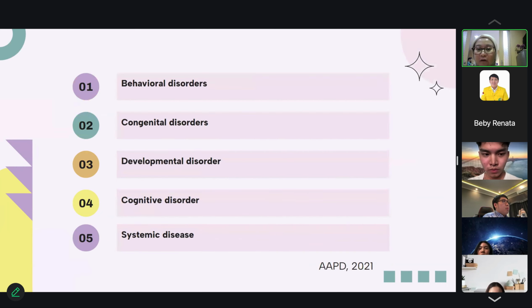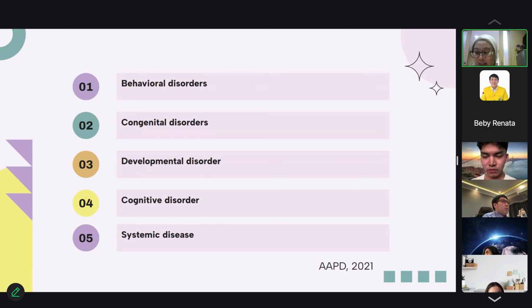Also, based on the definition that the AAPD already defined, we acknowledge this classification of special patients, also divided into 5 types. Use both of the classification systems, so you don't need to be confused about which one is correct, because these two systems are actually associated.